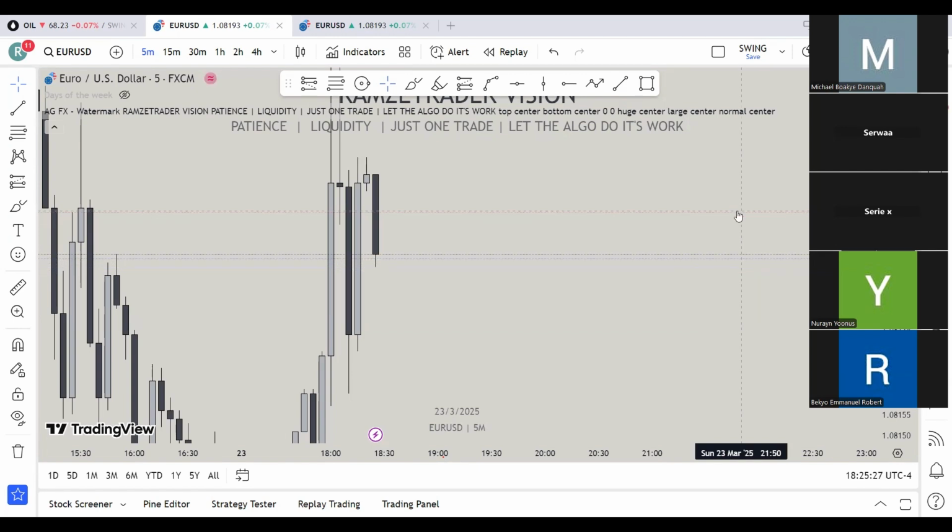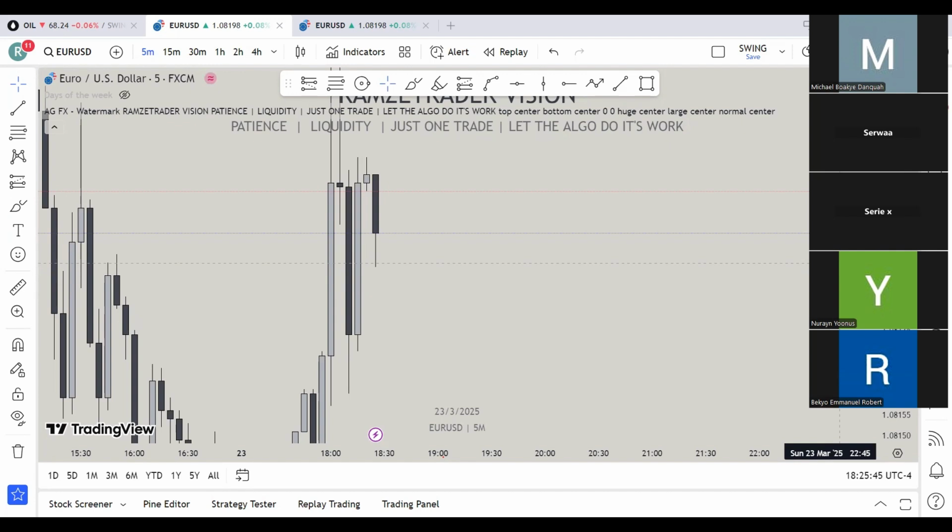So let me write it down so I can do the difference. So 1.08203, 1.09191. Oh, it was 1.08191.